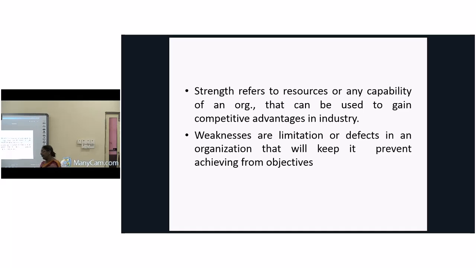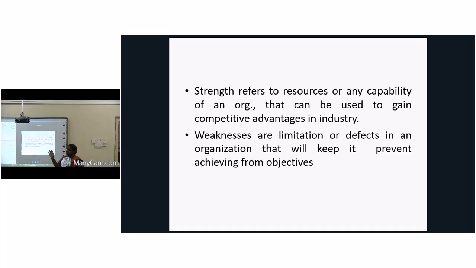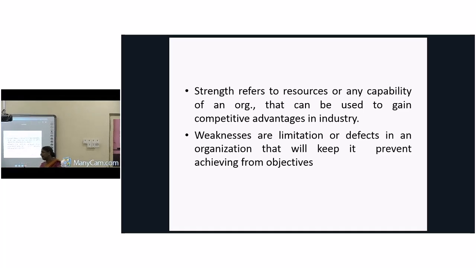You have an attendance register to control absenteeism, right? So in identifying weaknesses, if there are any defects in this particular system, it is also a weakness. Defects are also weaknesses, right? So weaknesses are limitations or defects.